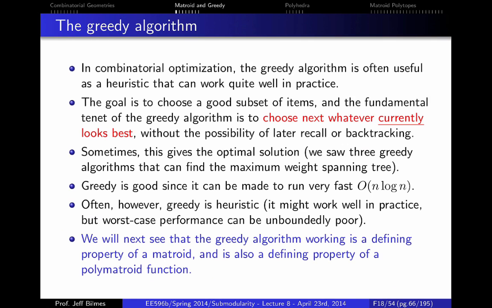They go hand in hand. I think I said at the very first lecture of the class that the greedy algorithm working is a defining property of a matroid. And also, there are very few mathematical constructs that can be defined by the property of an algorithm working.